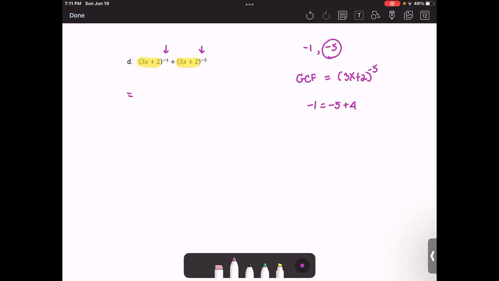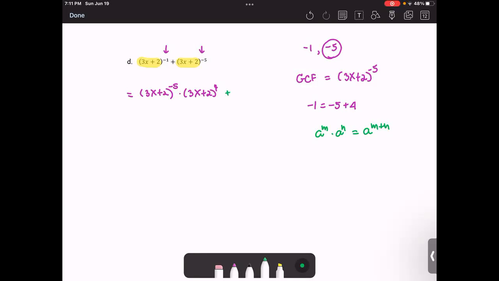That means we can write the first term as 3x plus 2 to the power negative fifth multiplied by the quantity 3x plus 2 raised to the fourth power, by using the property of the exponent a to the m times a to the n equals a to the m plus n. It means when you have the same base, you can add the powers negative 5 and 4 and now get back to negative 1 as the original power.